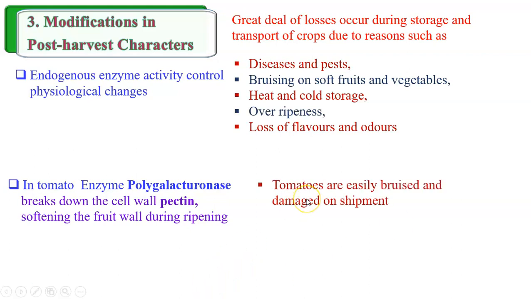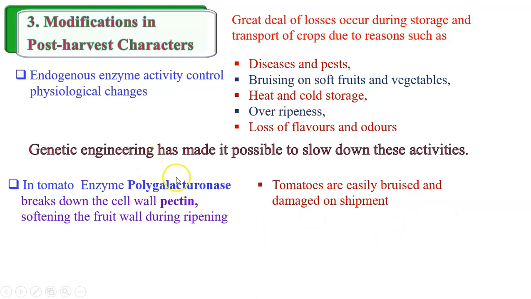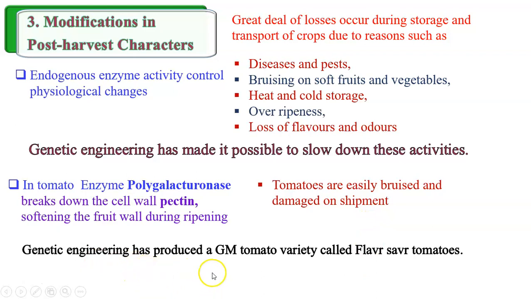In case of tomato, what example we have taken, during its storage, once they are harvested, then before they are transported, the tomatoes get easily bruised and damaged on shipment. But genetic engineering has made it possible to slow down these physiological changes and that way to avoid these post-harvest characters occurring in that product. So in case of tomato, genetic engineering has produced genetically modified tomato variety.